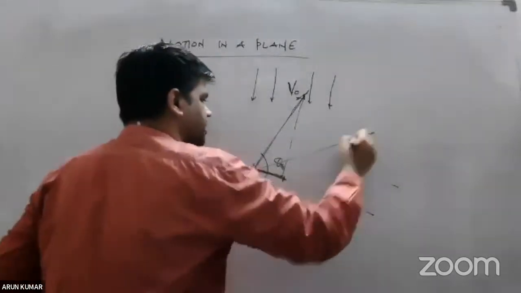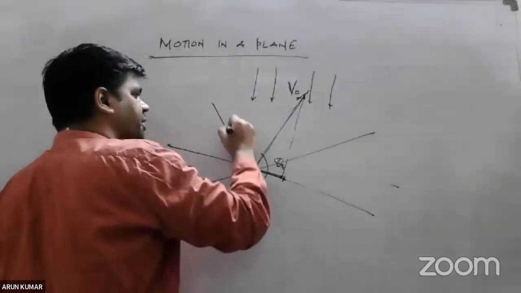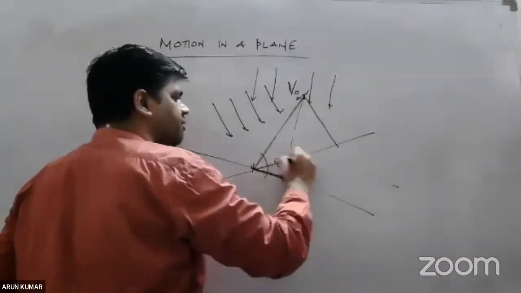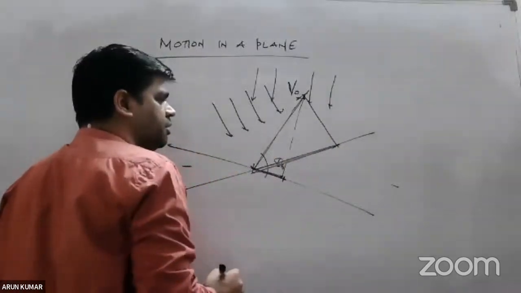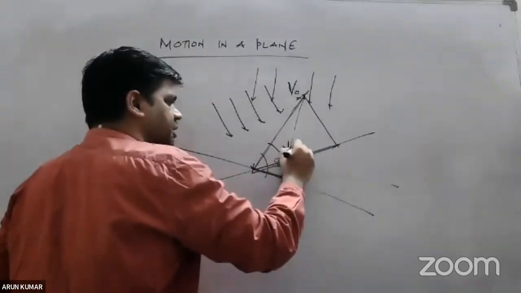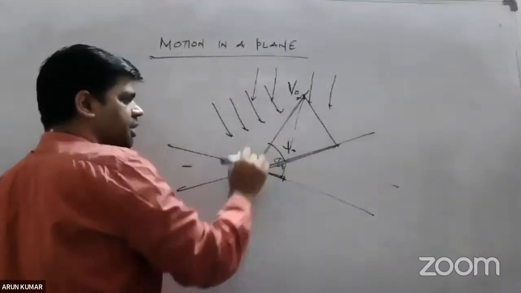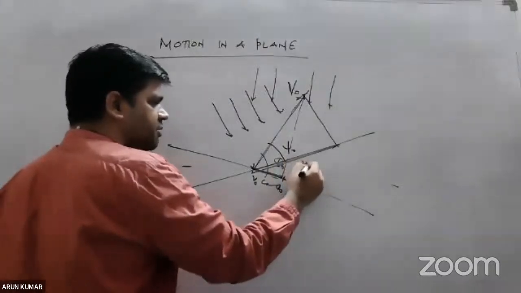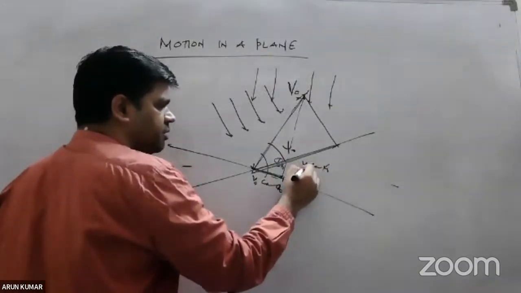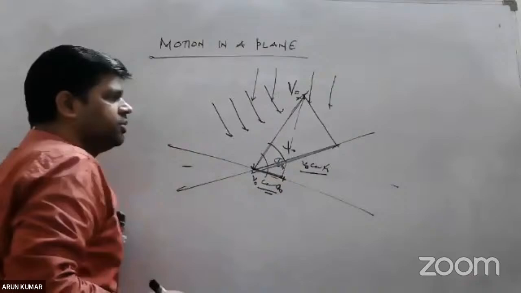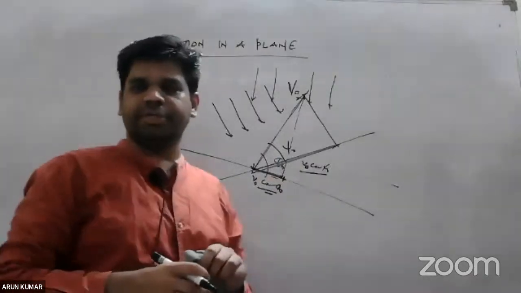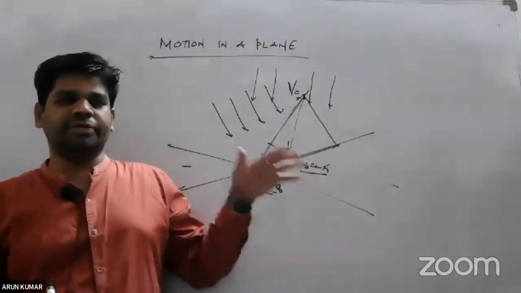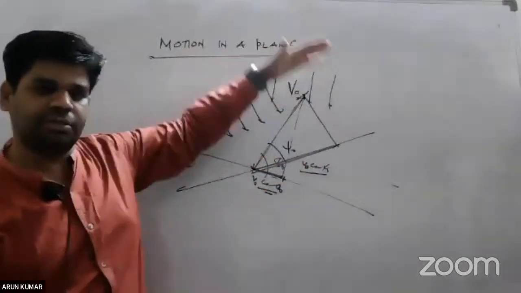If this angle is psi, then in this case it is V naught cos psi. Is it clear? So cos component is nothing but the shadow of the vector along the line when the light is shining perpendicular to the line.